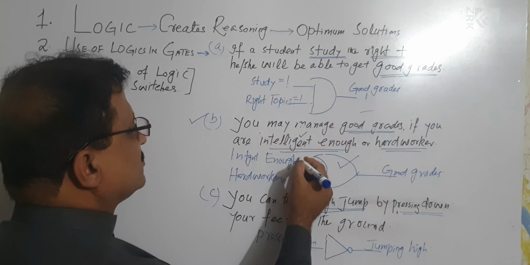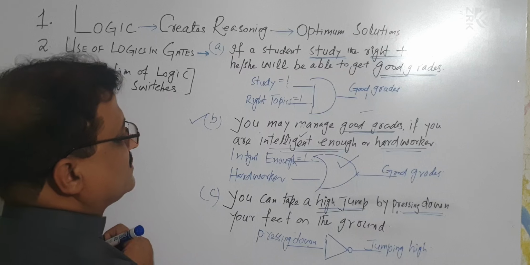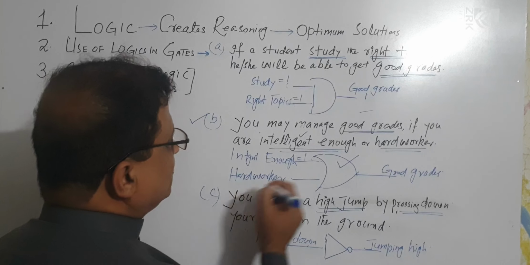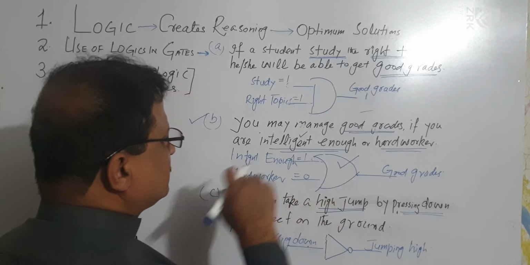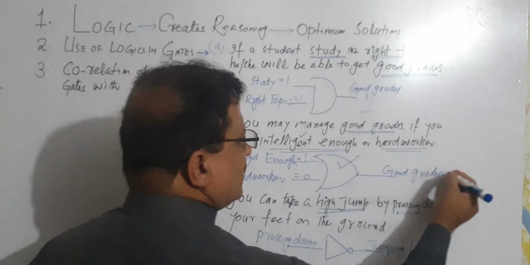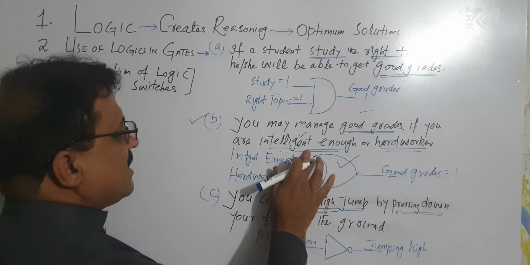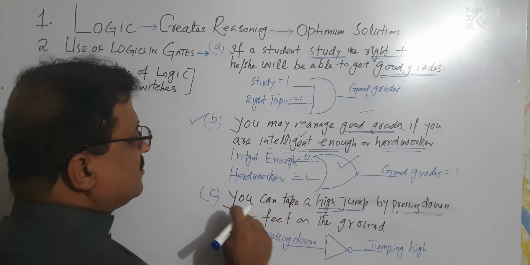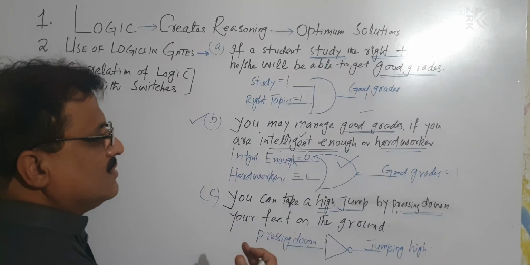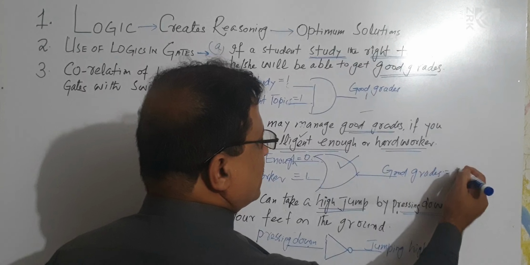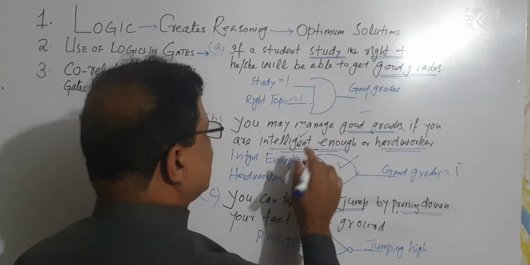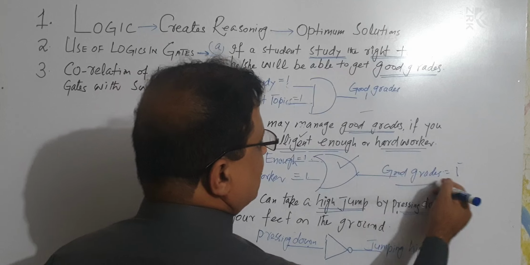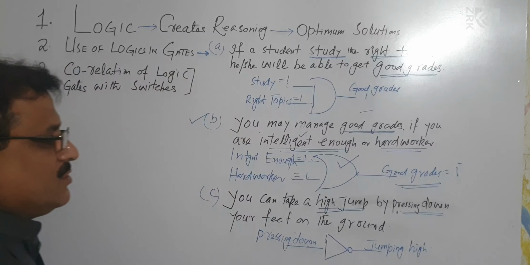If any one of these conditions is true, let's say intelligent enough is 1, he is not a hard worker but a smart worker, the result will be good grades. And the other way around, if he is not that intelligent but is a hard worker, then with consistent work he or she may also get good grades. And if both are there, of course that student will still be able to get good grades.